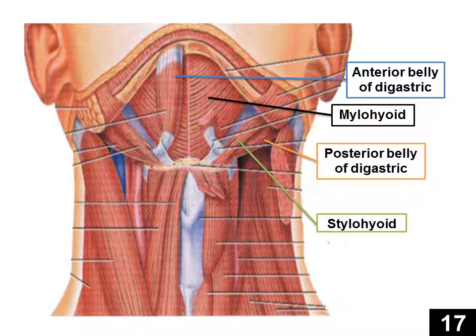نيجي على الدايجاستريك. الدايجاستريك as you see in the diagram consists of two bellies, anterior belly and the posterior belly.